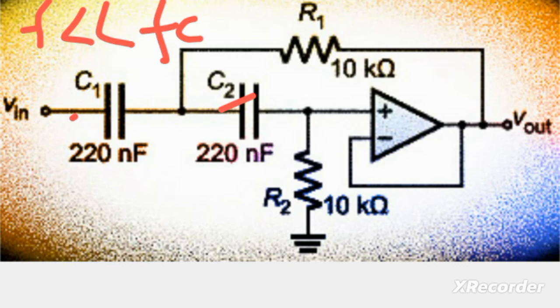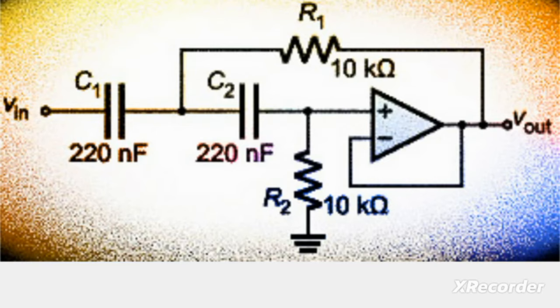That means capacitors C1 and C2 behave as an open circuit. When C1 is open, Vi is blocked and cannot get transferred further, and C2 is also open, so no signal can pass. So the output will be equal to 0.